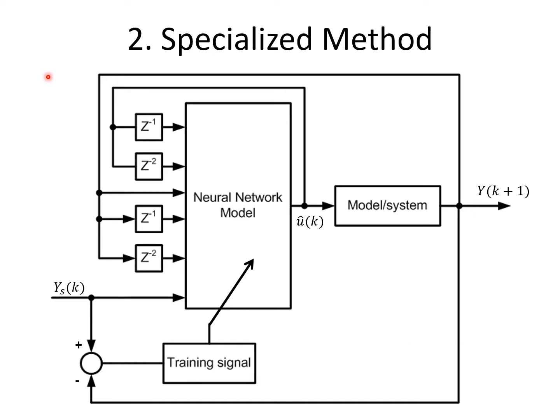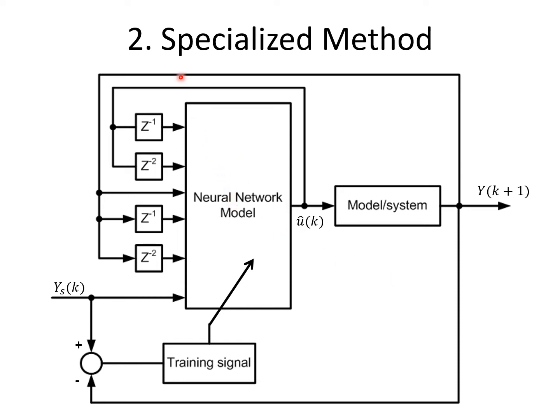So this is basically a closed loop specialized method because it's trained as though it's going to be used, and it's way more practical, more closed loop, and should be more stable in most cases, depending on how you train it, and implemented as an inverse model as a controller in whatever system that you want to use it for.